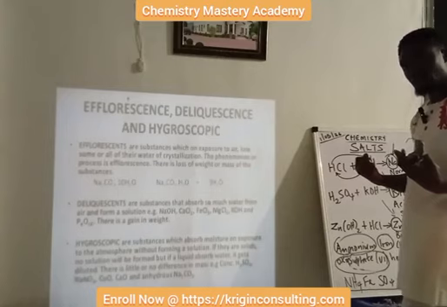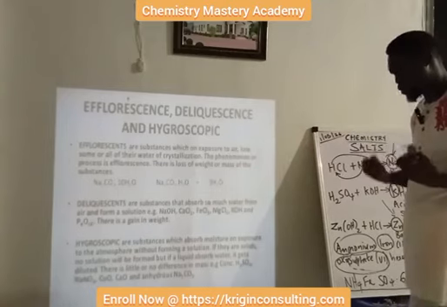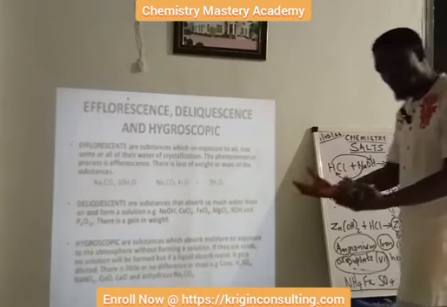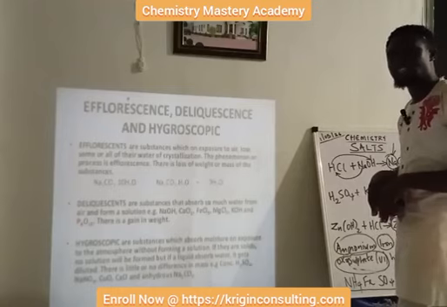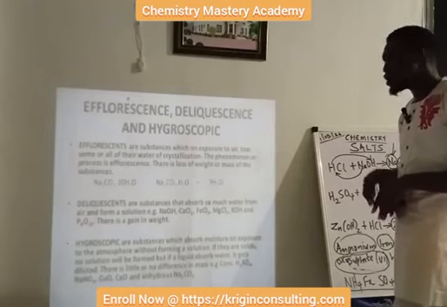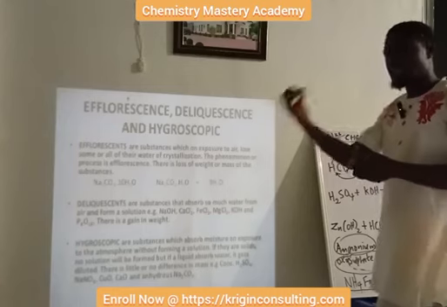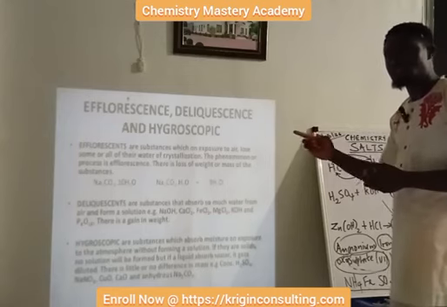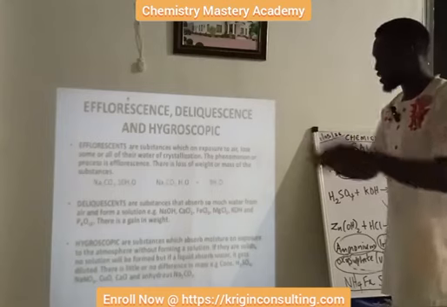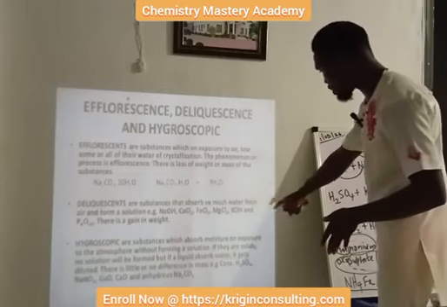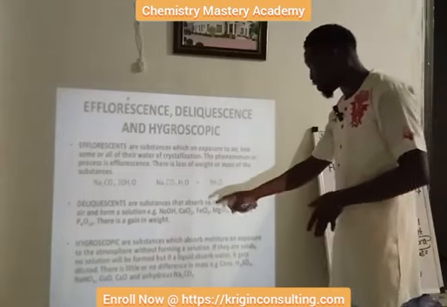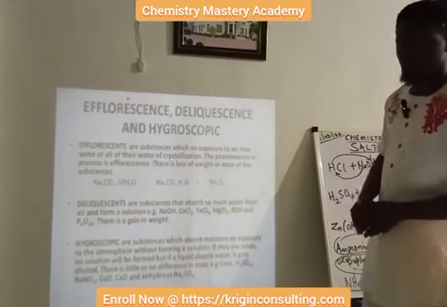What does it collect from the environment? It collects water from the environment. And as it collects the water from the environment, it will now dissolve in the water. Are you getting it now? So deliquescent substances collect from the environment, efflorescent substances give to the environment. Then we have hygroscopic. Hygroscopic substances absorb moisture on exposure to the atmosphere without forming a solution.